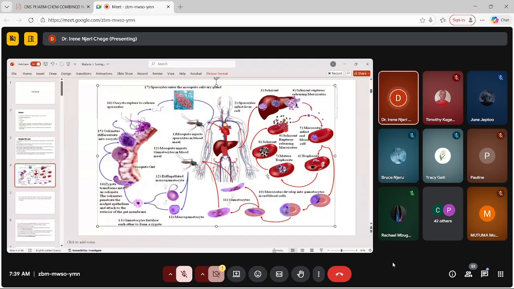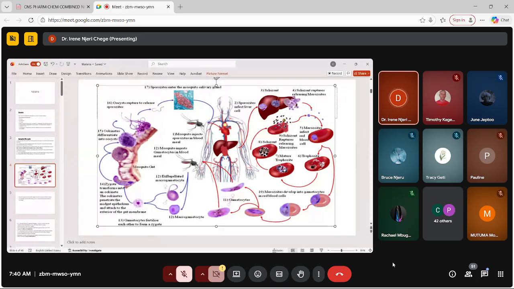Number 1, we have a mosquito injecting during a blood meal. Number 2, the sporozoites infect the liver cells. This is where we have the schizonts forming. The schizonts can rupture and release merozoites. The merozoites can infect red blood cells. They become trophozoites. These trophozoites are what we call ring forms inside the red blood cell.